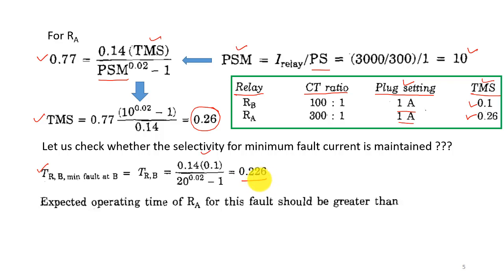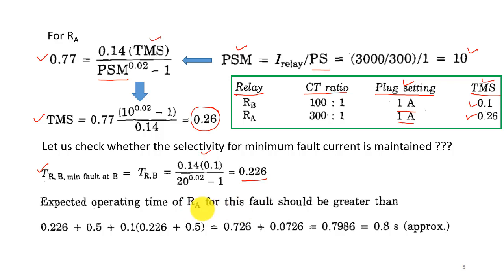0.226 second. So the expected operating time of RA for this fault should be greater than the total operating time. We can calculate here: your circuit breaker operating time is 0.5 and the relay operating time for relay B is 0.226 second. Both are added, and your overshoot time is 0.1 into 0.226, plus 0.5, so the total is 0.7986, around 0.8 second.